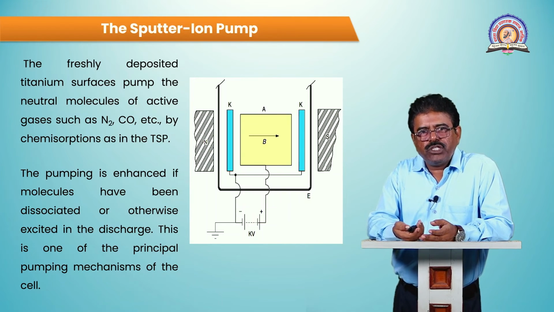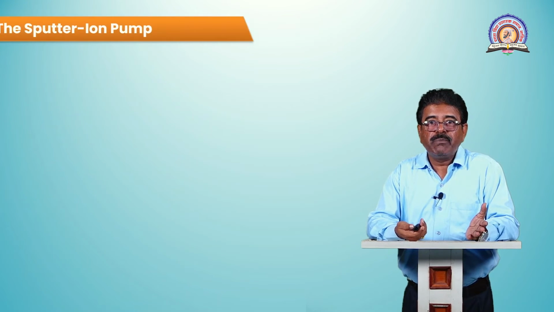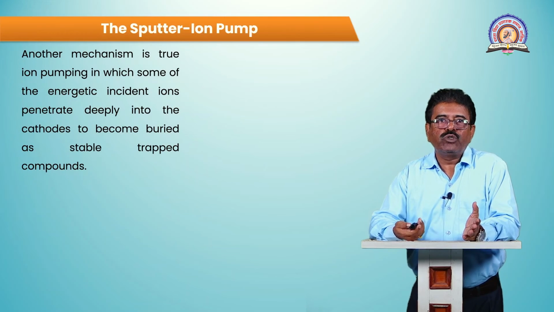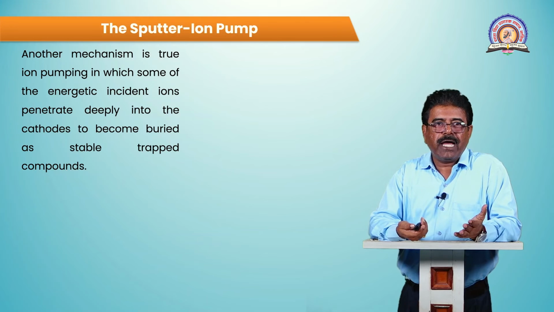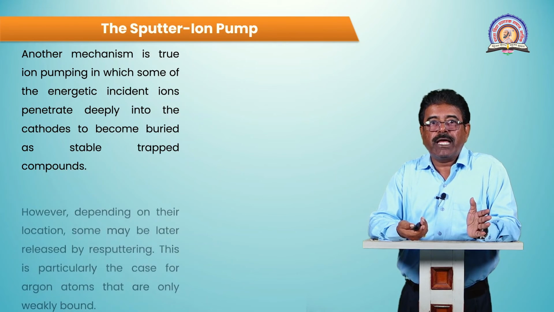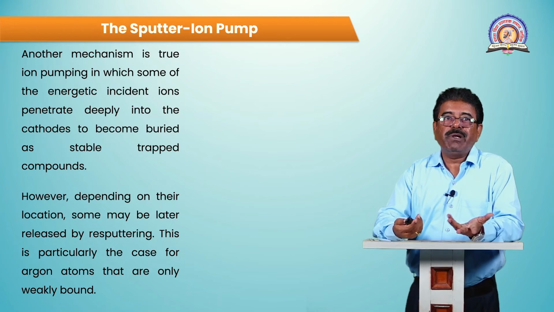So, the ionization process will help another inactive gas molecule to get pumped. How? Let us see here. In true ion pumping, some of the energetic incident ions penetrate deep into the cathode to become buried as stable trapped compounds.